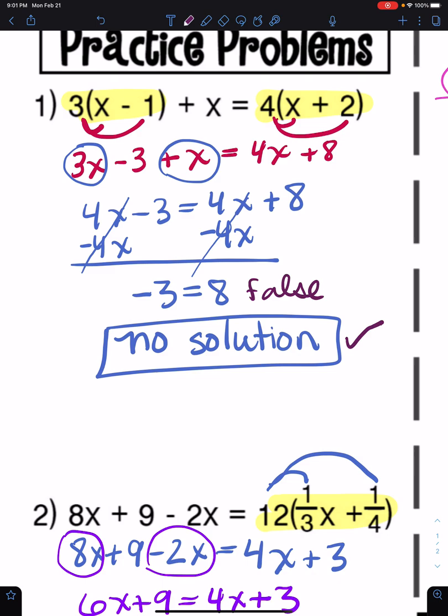So let's say your variable terms canceled out and you're left with something like 8 equals 8. That's true. 8 does equal 8, right? Then you would say all the numbers work. So you can say all solutions, all real numbers, infinitely many solutions, all of those kinds of answers are ways of saying that any real number would work for that equation.